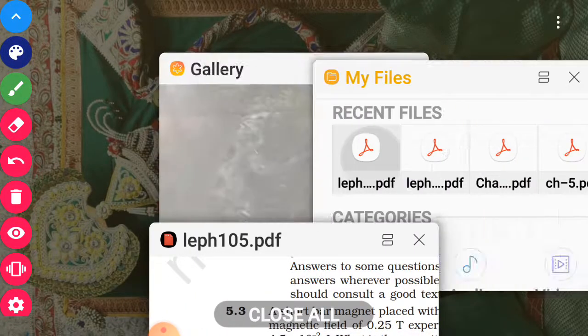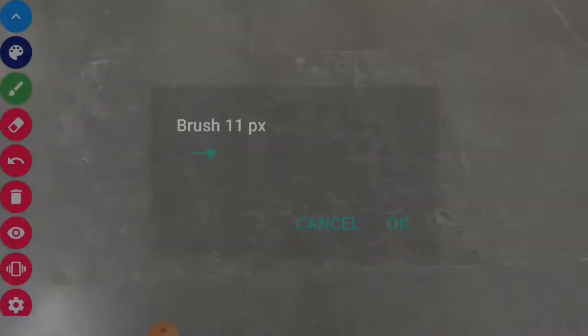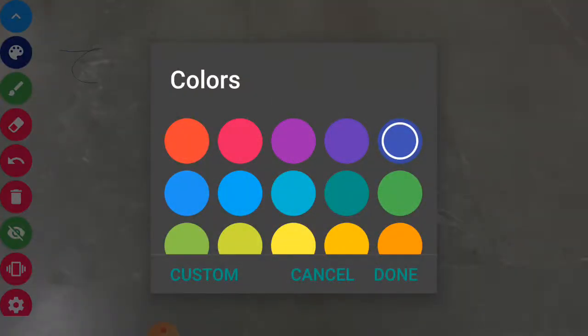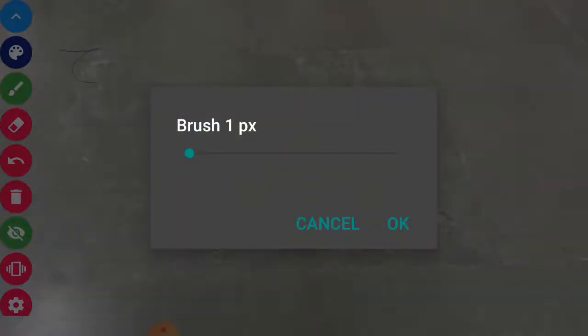Now we want to find out the magnetic moment. And torque is given to us, so it's very easy to understand. The formula which we are using is tau is equal to m cross b. Tau is equal to m cross b we shall use.